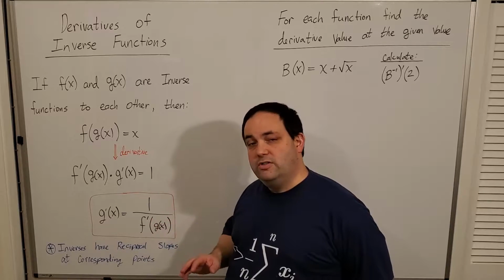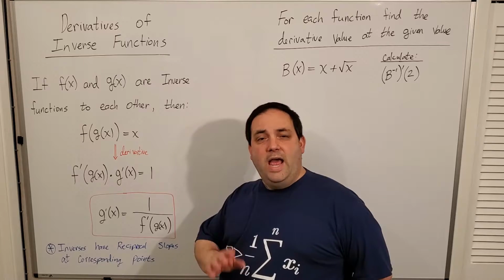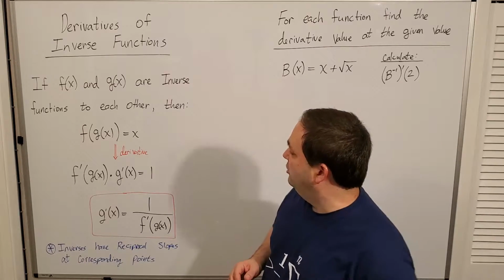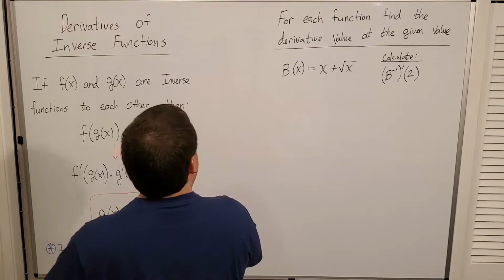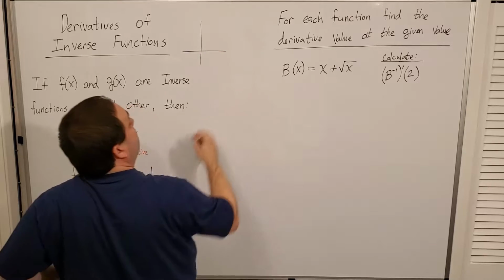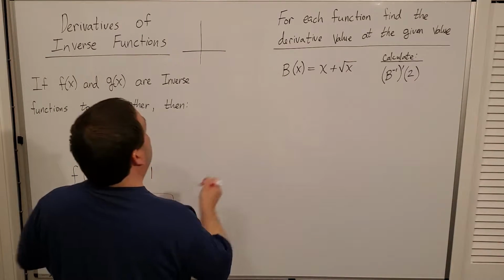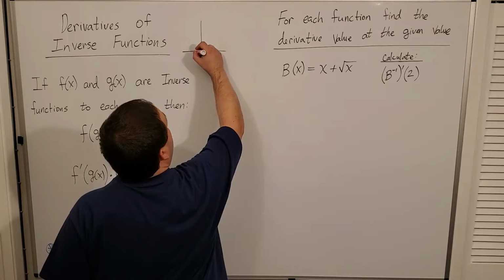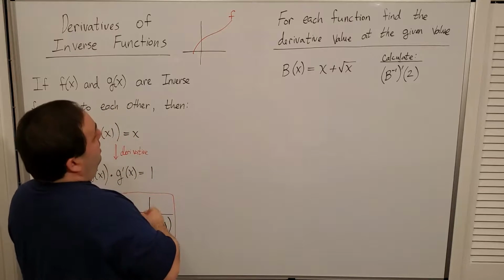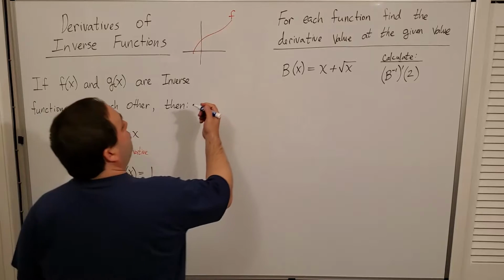Okay, so if they're inverses, you can expect inverses to have reciprocal slopes, but it has to be at special corresponding points, right? When two functions are inverses of each other, for example, if I've got just some graph of two functions, let's say I've got, f looks like this, and let's say that g is its inverse.